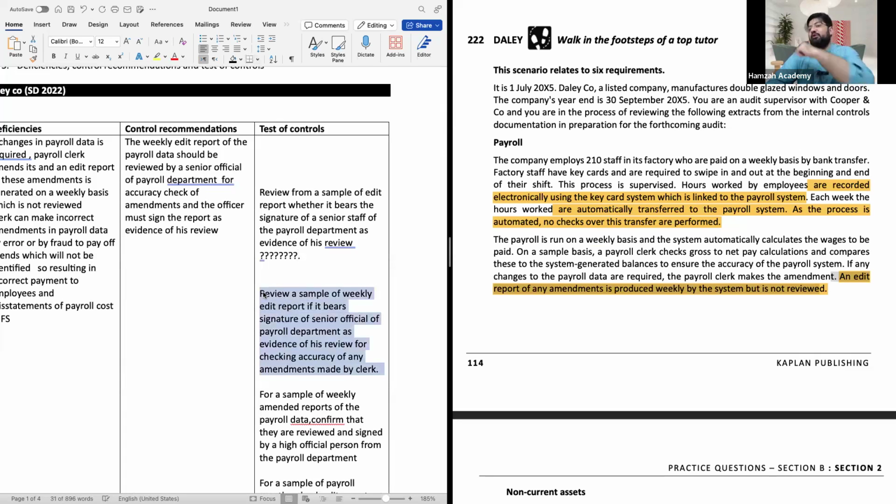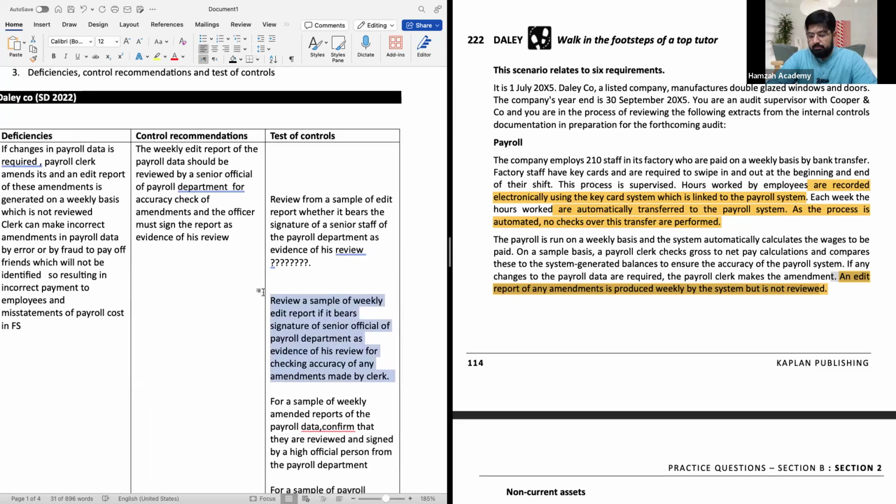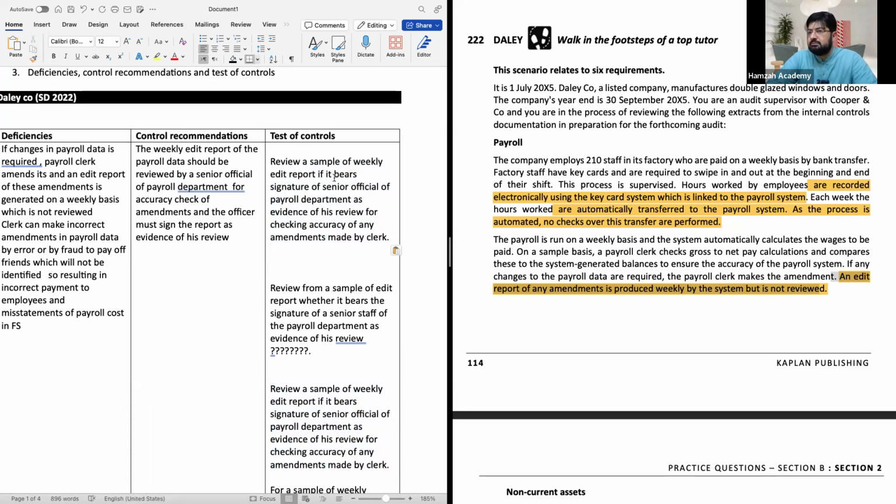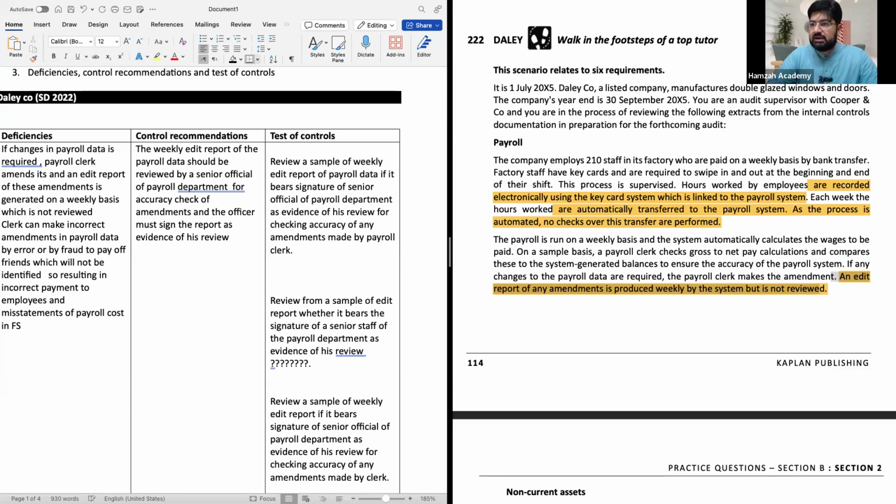Yes, this is the point, I appreciate. Weekly audit report of payroll data. Now it is complete, if it bears the signature of senior official of payroll department as evidence of review for checking the accuracy of any amendments made by payroll clerk.